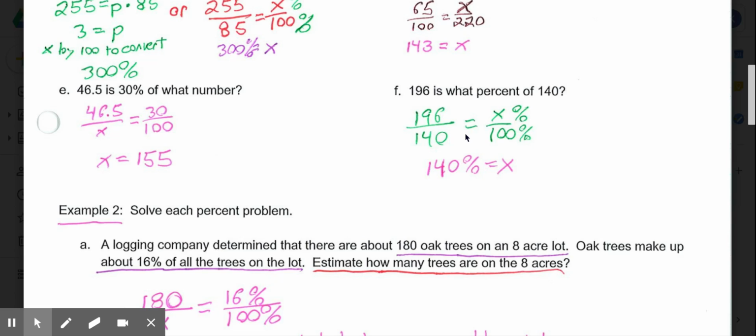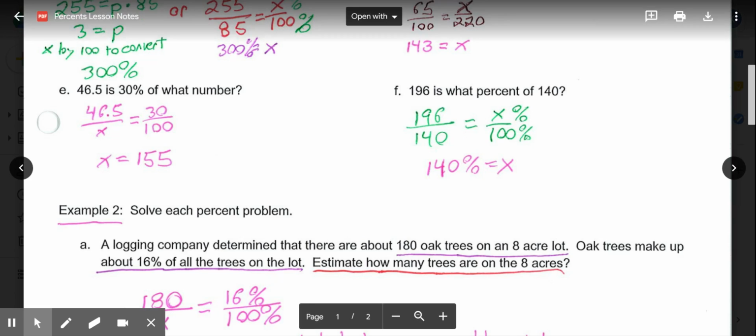And then in F, 196 is what percent of 140? In this case, they gave me the is and the of, and we're looking for the percent. So is over of, 196 over 140 equals x over 100. Cross multiply 196 times 100, divide by the 140, and x would equal 140%.